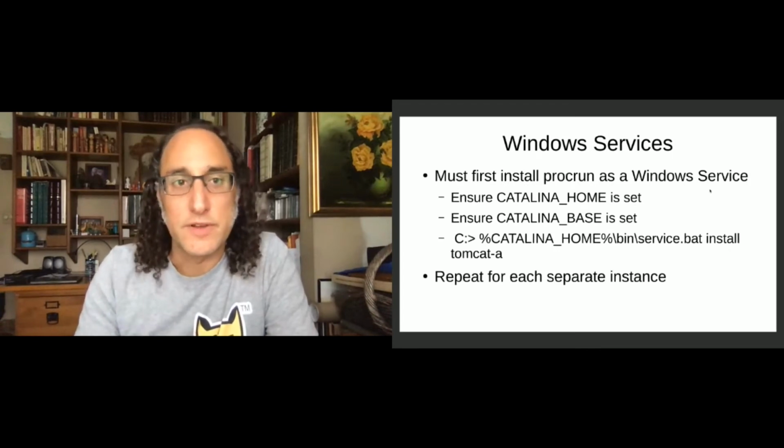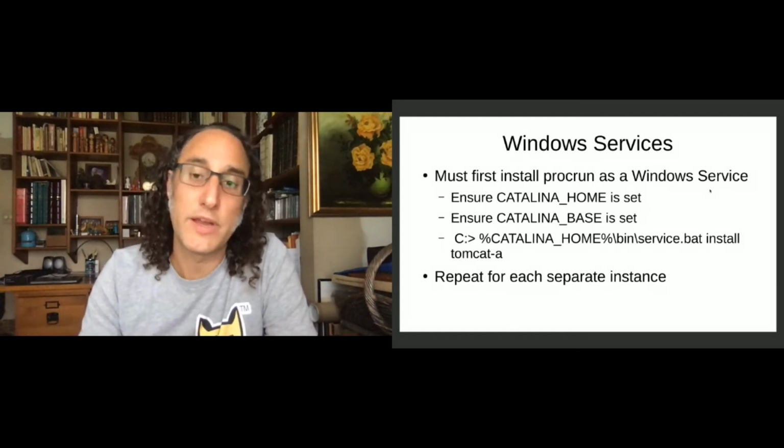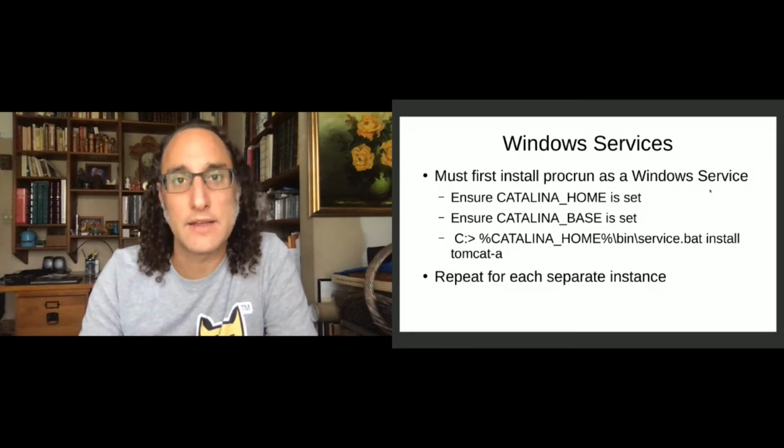On a Windows service, you first have to install procrun as a Windows service. And usually the simplest way to do that is with the service.bat script, which is in the bin directory.